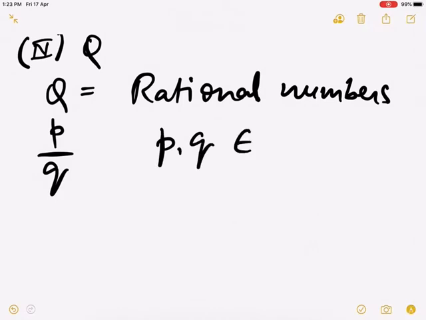I can write that as p comma q belong to, this symbol is read as belonging to, Z. That means p and q are integers and q is not equal to 0.